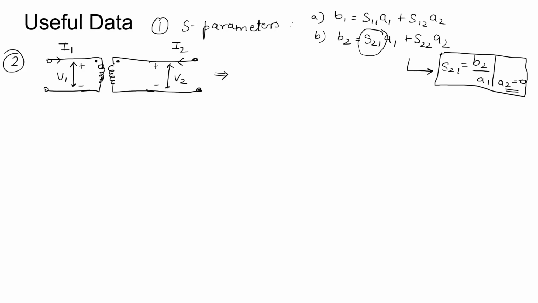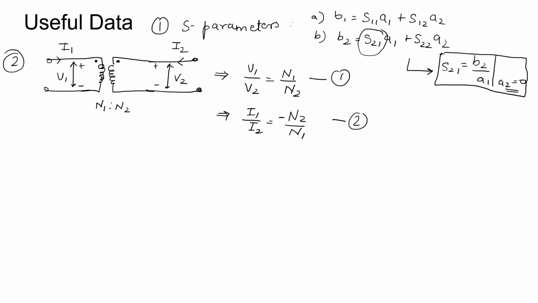With this circuit we will get V1 upon V2 equal to the turns ratio N1 is to N2. So this ratio V1 to V2 will turn out to be N1 upon N2. This is the first equation we get. Another equation which we can deduce from this circuit is I1 upon I2 is equal to minus N2 upon N1. This is the second equation.